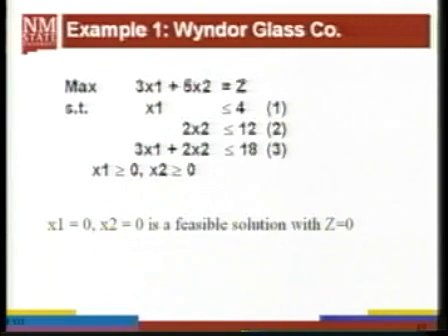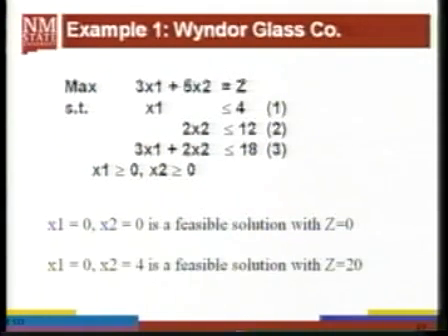Because if you plug x1 equals 0 and x2 equals 0 into all of the constraints, it will satisfy them. It doesn't violate any of the constraints. So that would be a feasible solution. But we don't think it's an optimal solution, right?